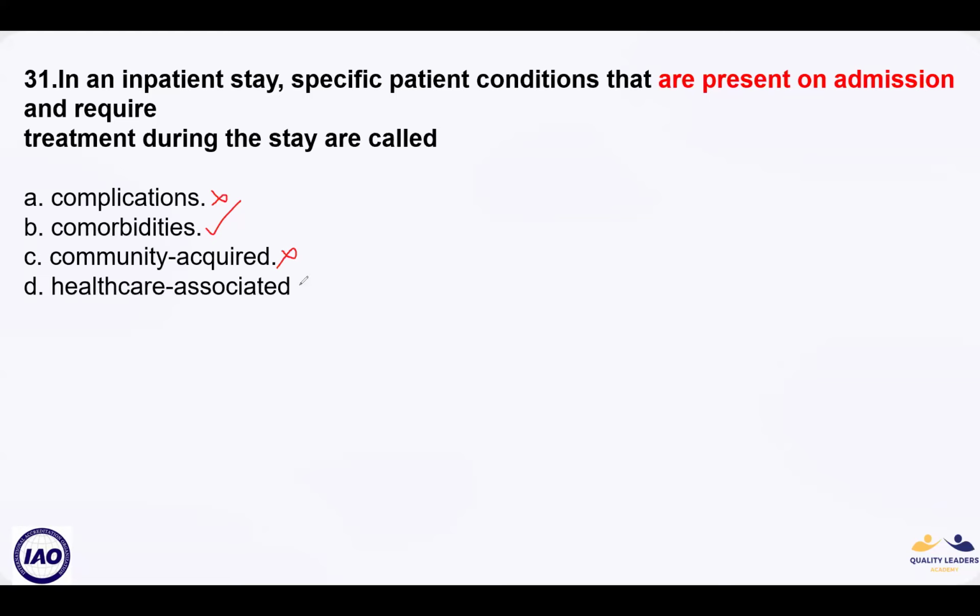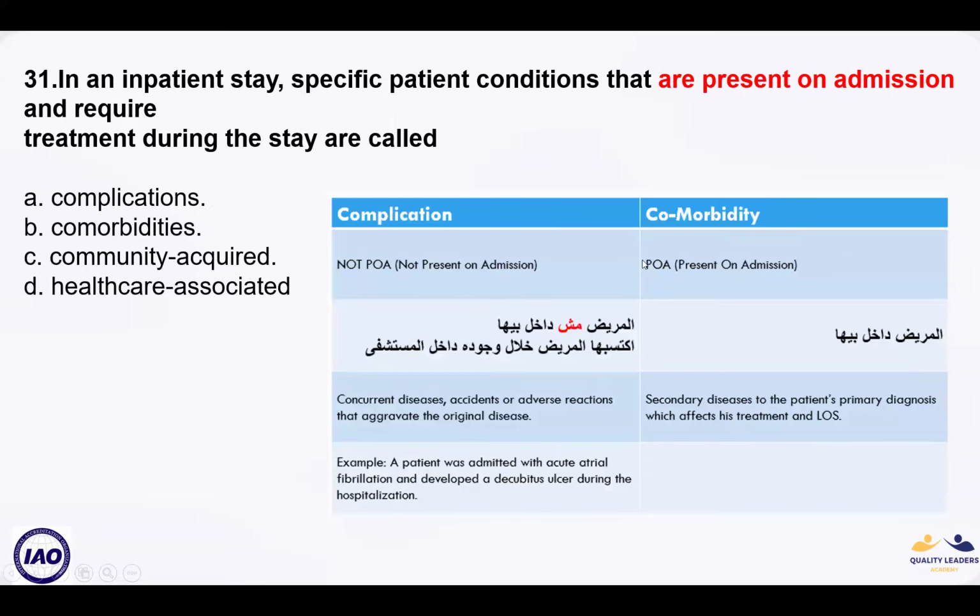Healthcare associated, again, this is within the hospital setting. Okay, healthcare associated conditions within the hospital settings after admission, right? So the correct option is option D, comorbidities. The difference between complication and comorbidity.